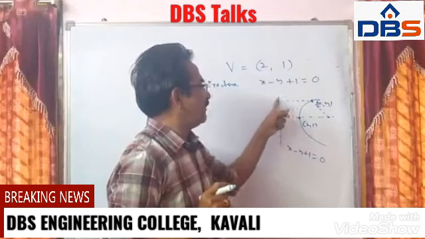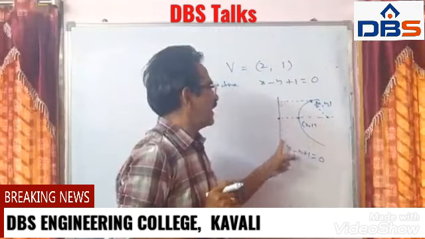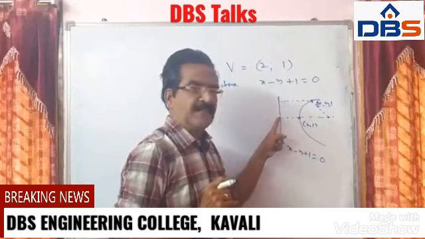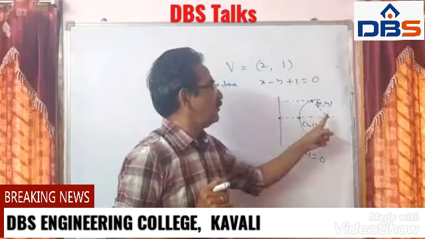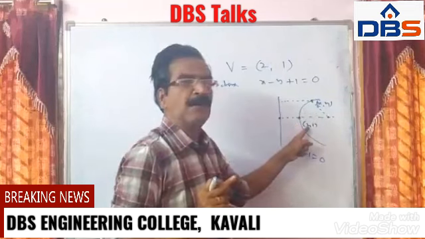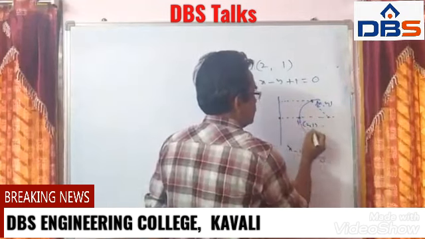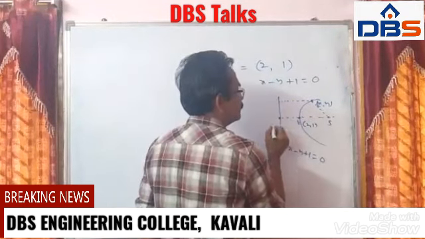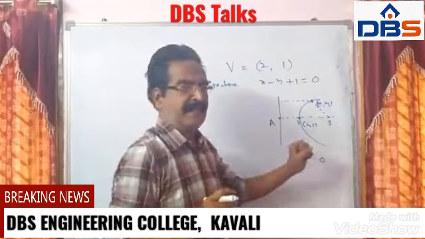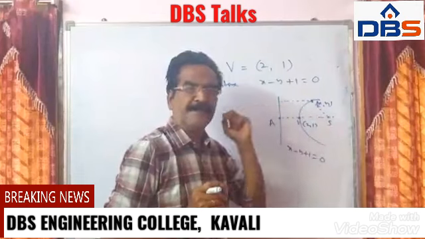This is the point of intersection of this line and this line. Once we get this point, we can find the focus, because 2 comma 1 is the midpoint of this and this. 2 comma 1 is V, this is S, this is some A. So V is the midpoint of A and S. A is the point of intersection of the directrix and the perpendicular.